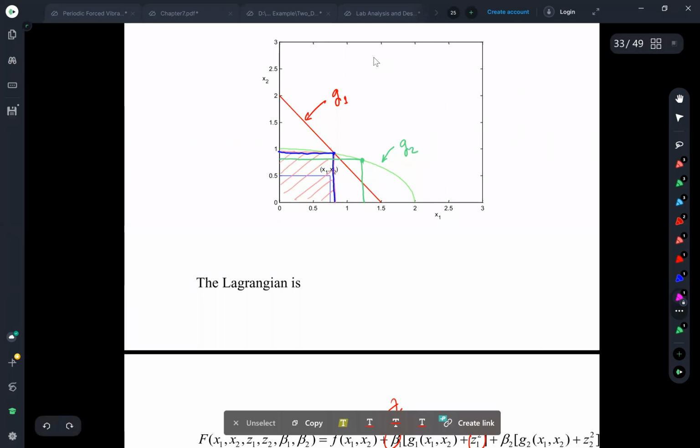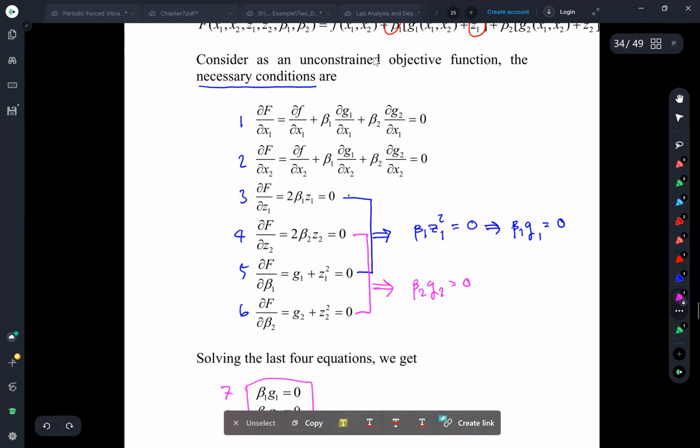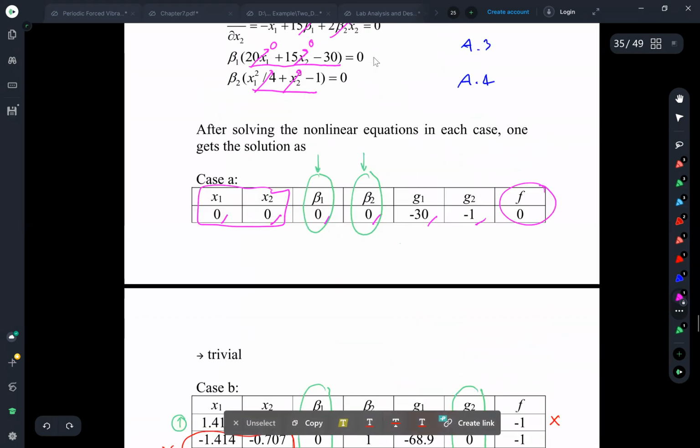I think it's just a little bit here, close to here maybe. Something like this. It's on the curve of G1, but it's a little bit above G2, right? And this is the case where we are not allowed again.